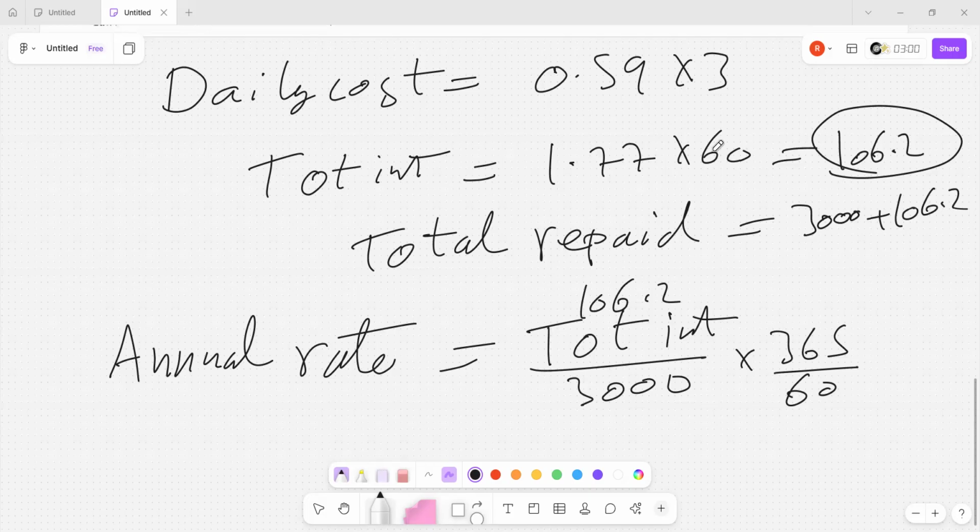Okay. It gave me 0.21, so you multiply it by 100, which gives 21.5535 percent. Yes, 21.5%. That's it. This is the annual rate the question is asking for. So we found the full answer for this question. Yes, this is the second half of the question.